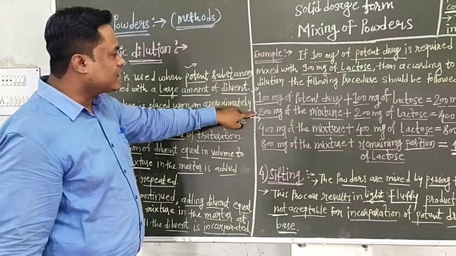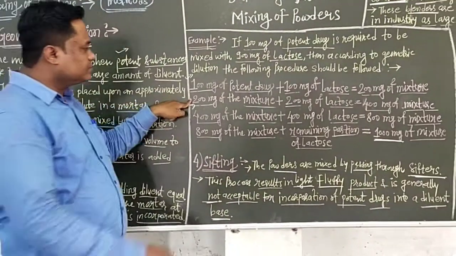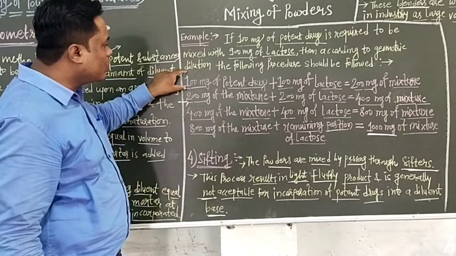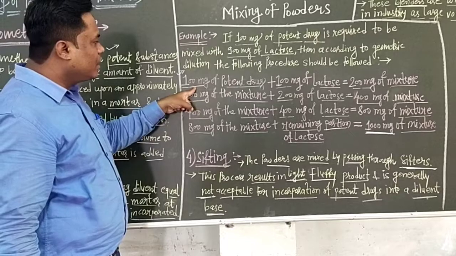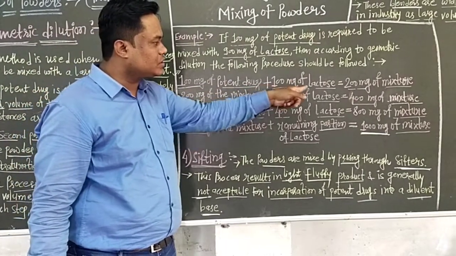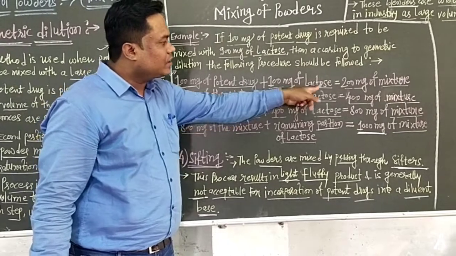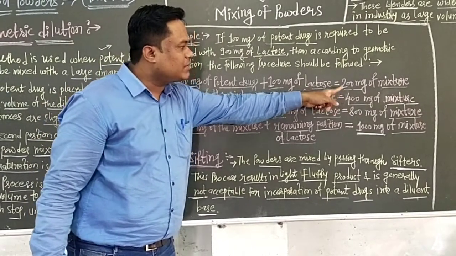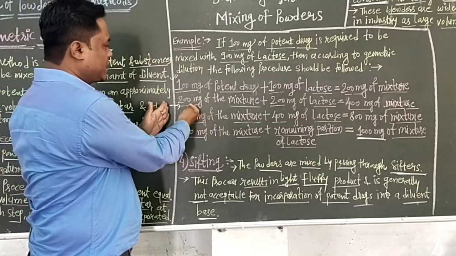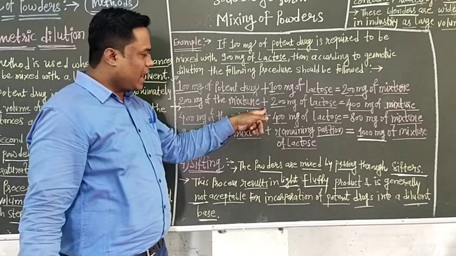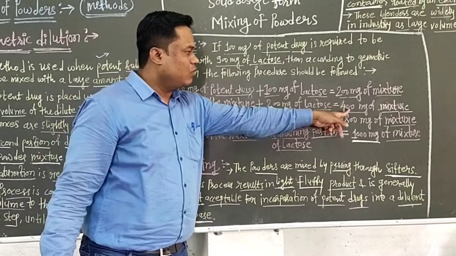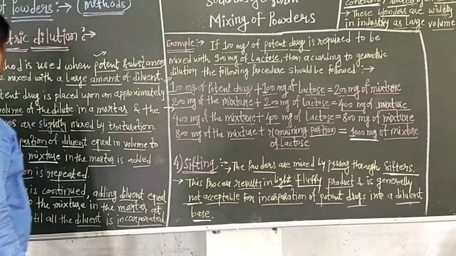In the second step you take the 200 mg of the mixture obtained in the first step, that is 100 mg of the potent drug plus 100 mg of lactose, the diluent. To this 200 mg of mixture you add an equal portion of diluent, lactose, giving 400 mg of the mixture. This is the second step.